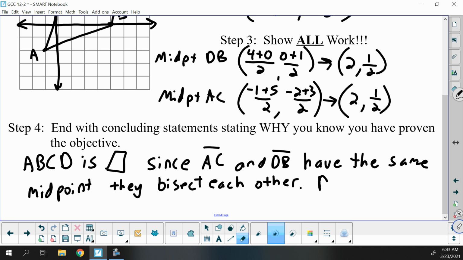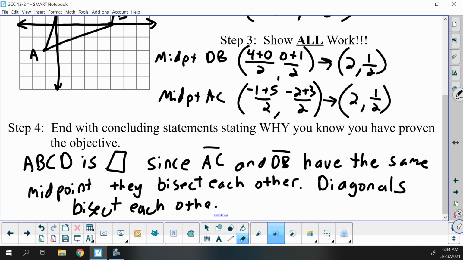And we know diagonals bisect each other implies parallelogram.